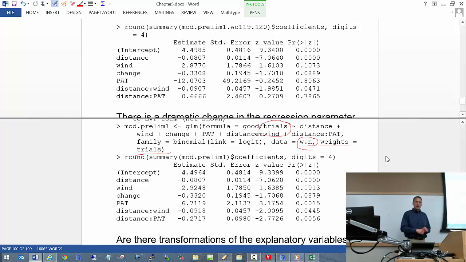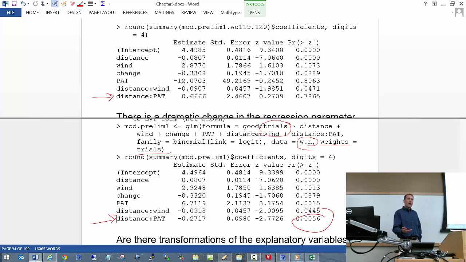So what has changed? Take a look at this right here. Before, distance in PAT had a negative beta hat. Its Wald test p-value was 0.0056, indicating, yeah, this is important.